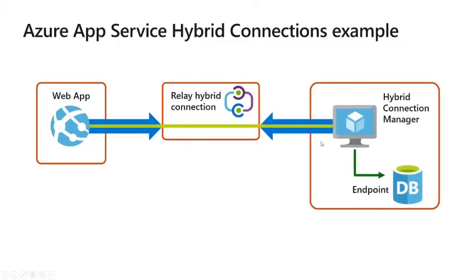On the other side of the HCM, the connection uses TLS 1.2 for security and shared access signature keys for authentication and authorization. When your app makes a DNS request that matches a configured hybrid connection endpoint, the outbound TCP traffic will be redirected through the hybrid connection.